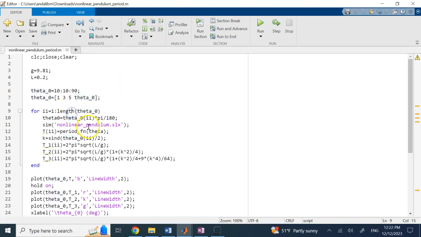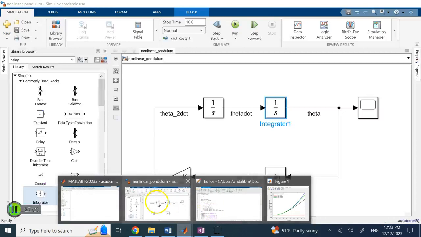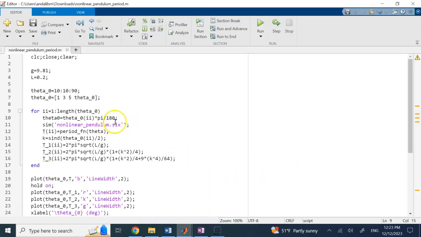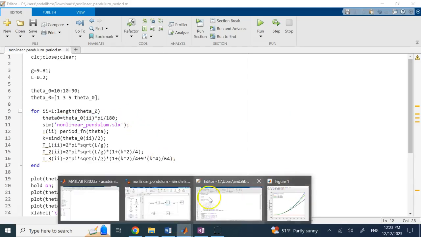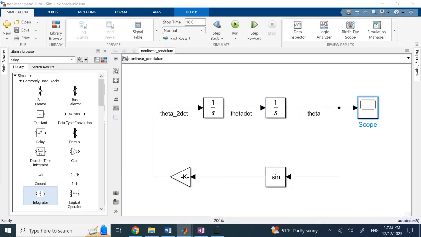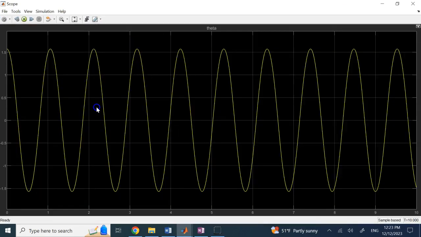For each one of them, I run my Simulink. And of course, since my Simulink is using the sine block, I make sure that I convert those degrees into radians before passing them in. And then when I get the data out, let me show you this scope block.